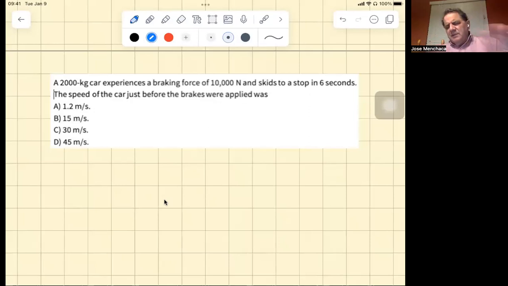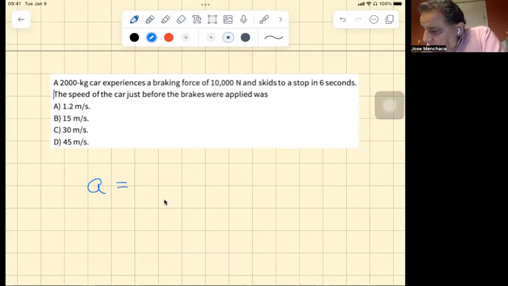And it's like, wait a minute, Mr. Menchaca, there's no velocity in any of these equations. You're correct, but we can get it nonetheless. So let's look at what we know. We know a mass and we know a force. So with that mass and with that force, we can calculate an acceleration.